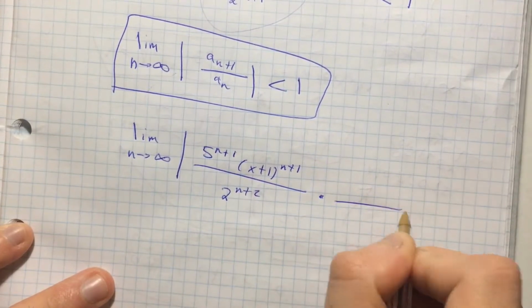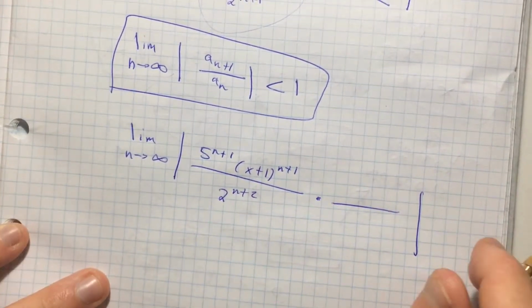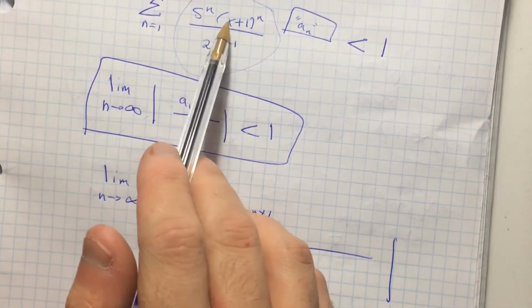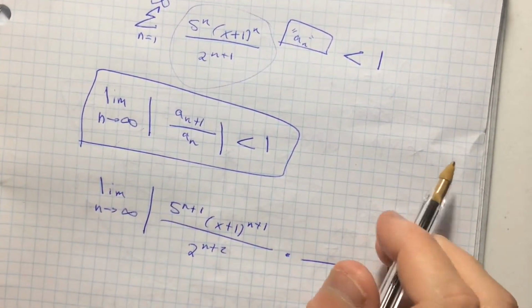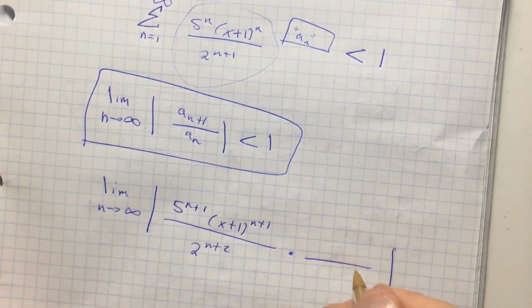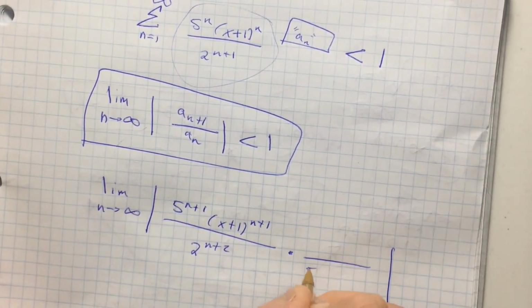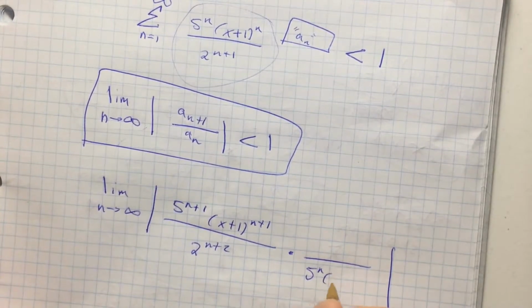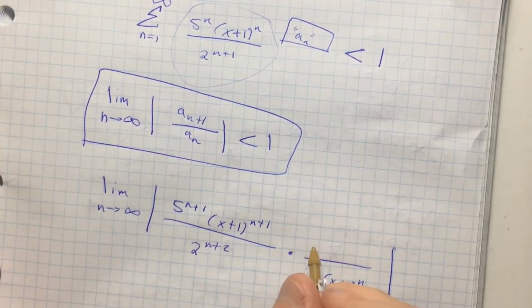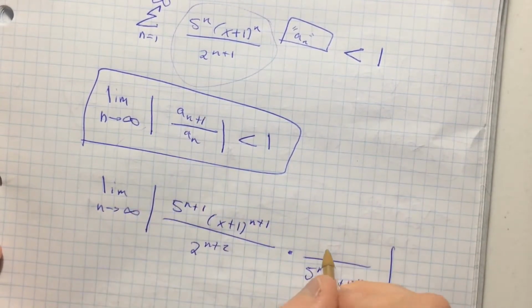And that's multiplied by the reciprocal, because you're dividing by a sub n, and a sub n is this. So you flip it upside down and multiply by it. So this is being multiplied by 5 to the n, (x plus 1) to the n, and then this is 2 to the n plus 1.